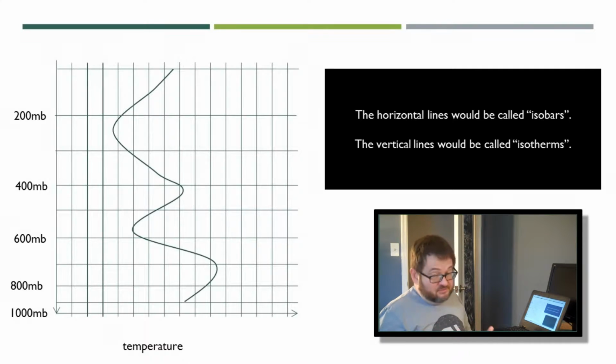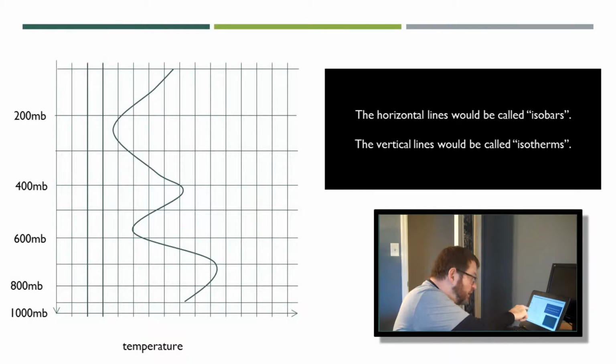Now, we would have some terminology here. These horizontal lines on this diagram are called isobars. And that's actually a pretty smart name for them, because everywhere along that horizontal line, the pressure is exactly the same. We have a 400 millibar isobar, where everywhere along that line it's exactly 400 millibars.